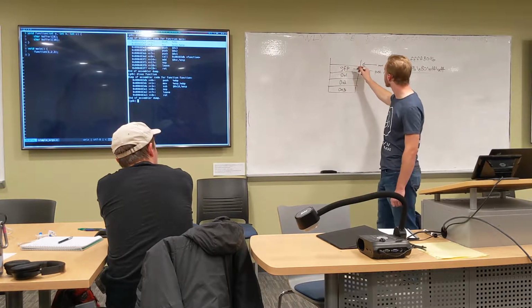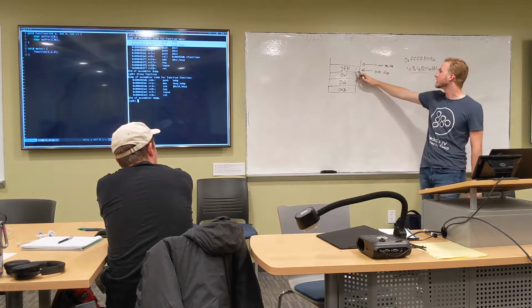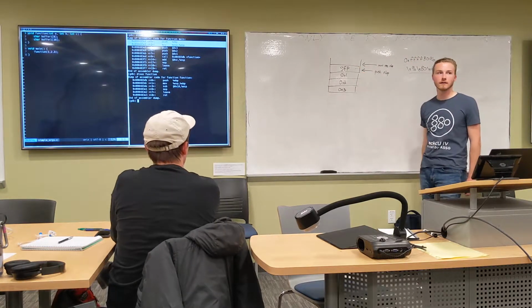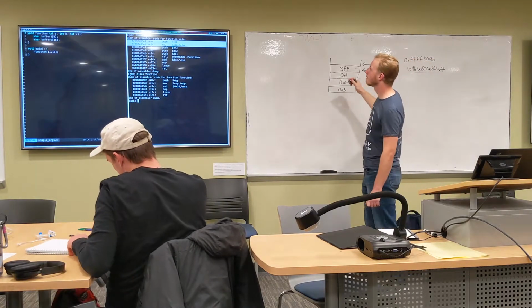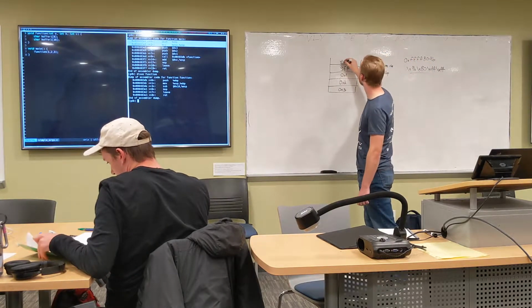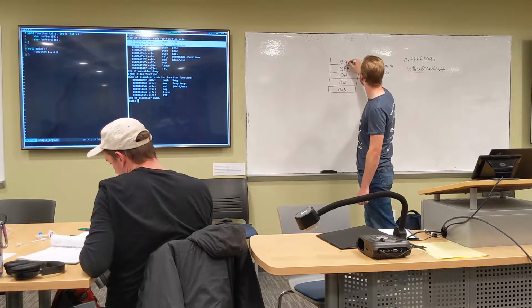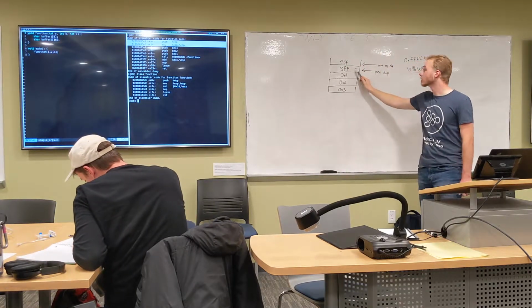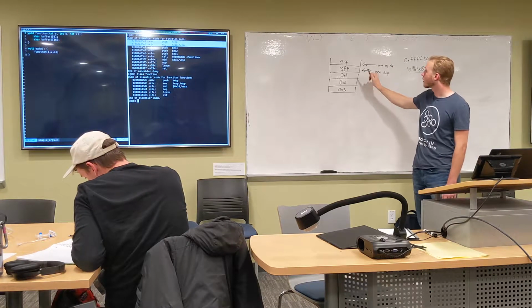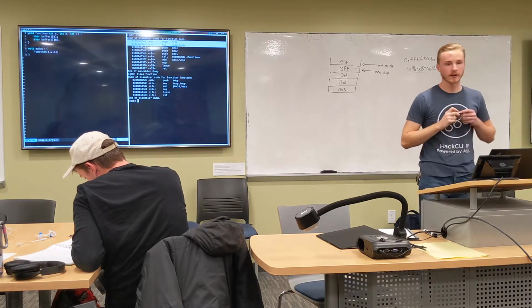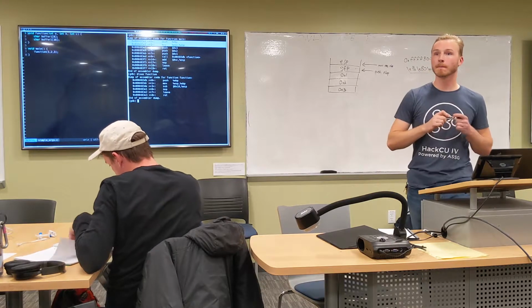So this becomes, well, who can tell me what is the significance of this? This is our return address. So this is where the goods are stored. That's what we want to overwrite for this function. Is it a return address?